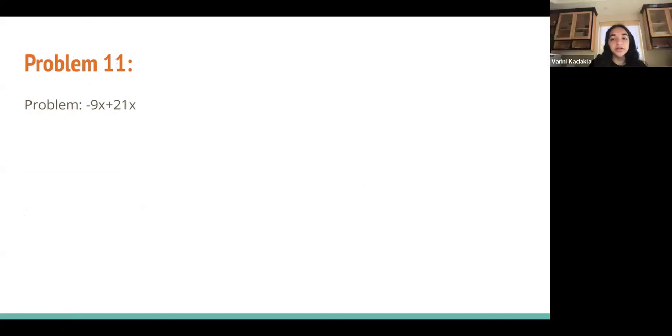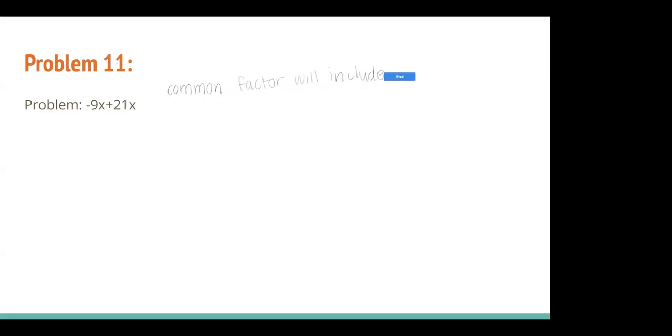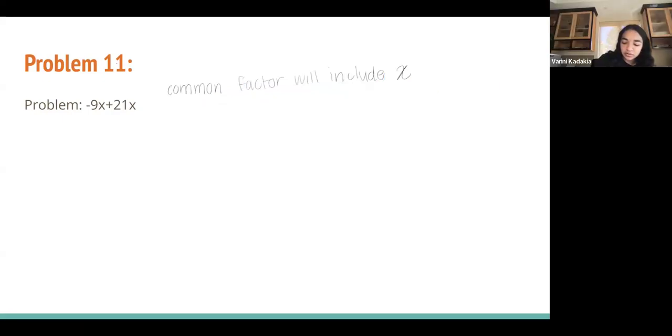It's a little bit harder because in this case, your greatest common factor will include x, so just note that. I'll give you guys some time to try it and then I'll go over the solution.